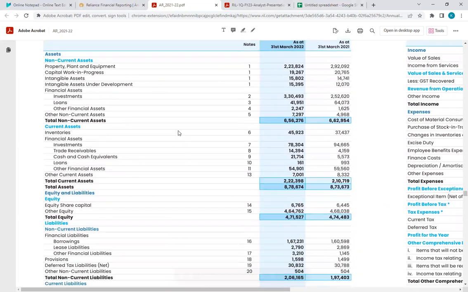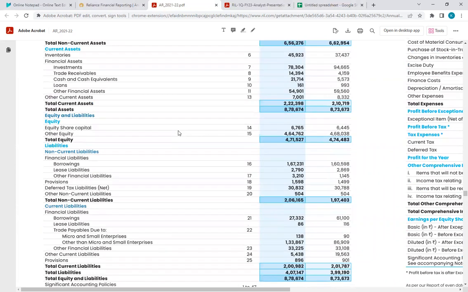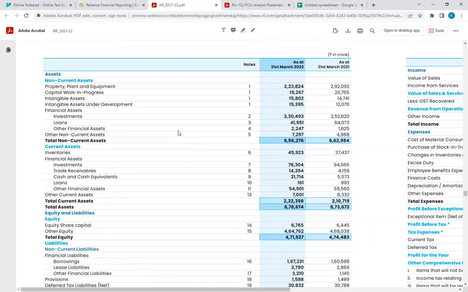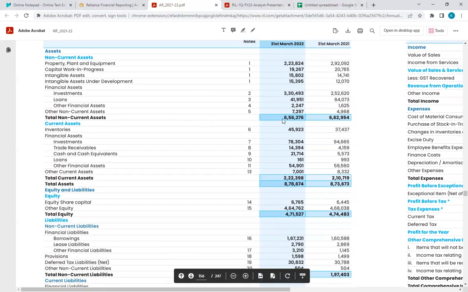Okay. By seeing this statement alone, you cannot come to any conclusion on whether it is in a good position or not. We cannot form a clear opinion on that, because these are just the values mentioned about the company.